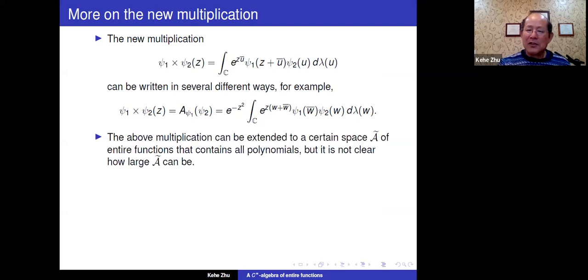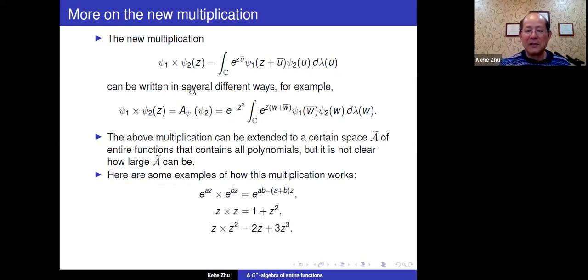Anyway, if you just want to have some feeling about this multiplication, I want to show you a few examples. Okay, you can extend this operation to a much larger set, A tilde, containing all the polynomials. And this A tilde will also contain all the linear exponential functions.